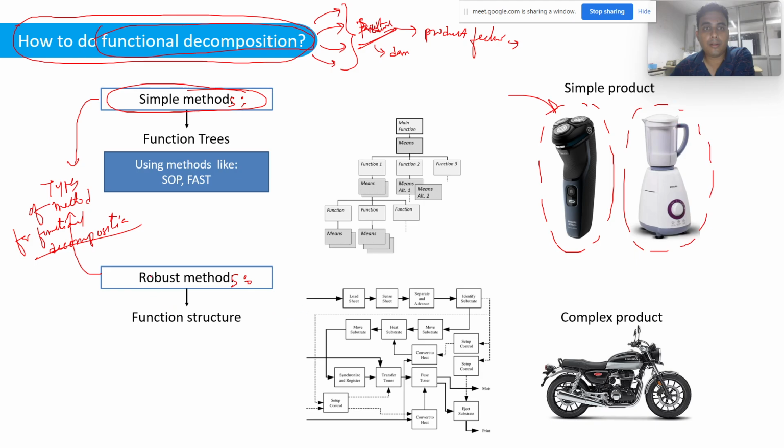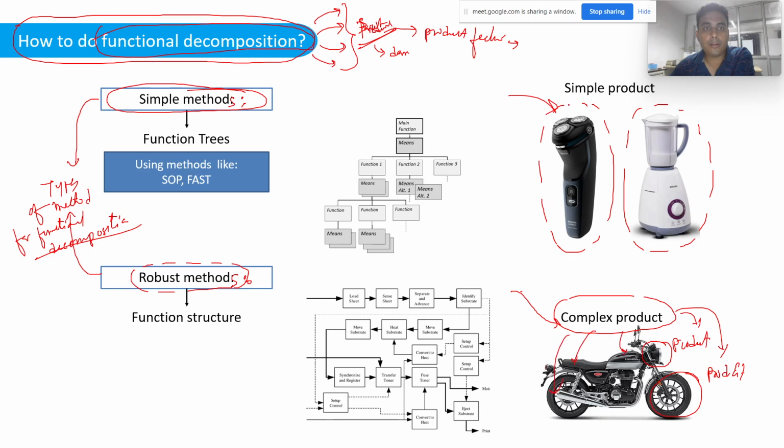The robust methods, which are a bit more complex, are useful for complex products like a motorcycle, because these comprise a chain of products. You can consider even a light set a product. These are like sub products. Even a wheel you can consider a product. So a bike as a product is mostly an assembly of various small products.